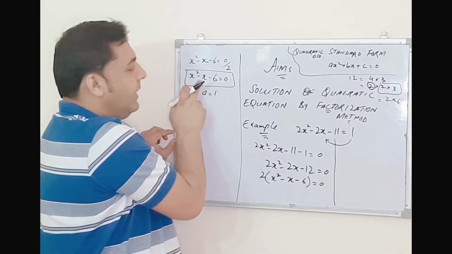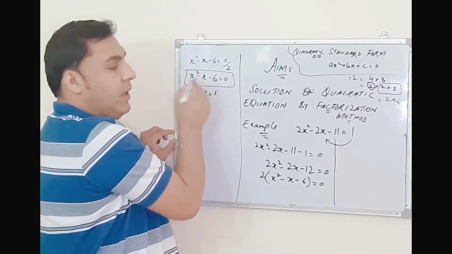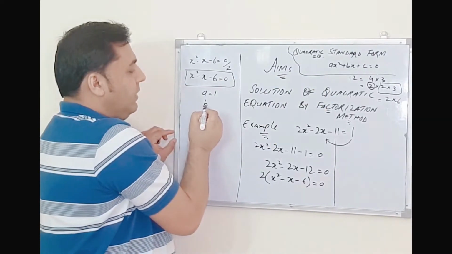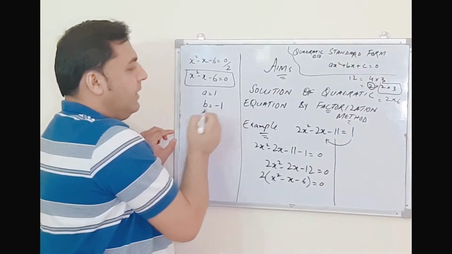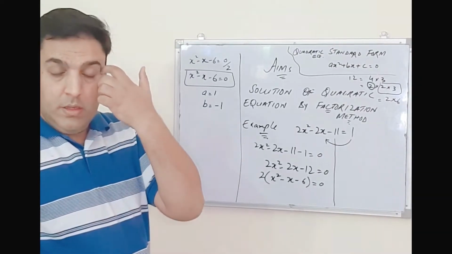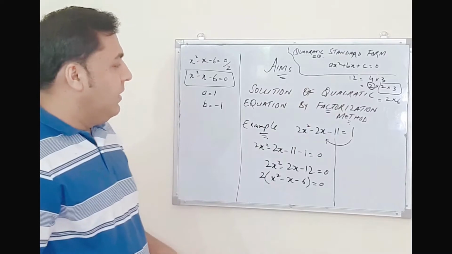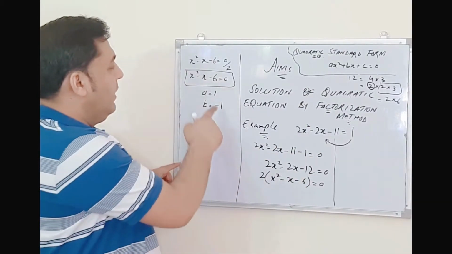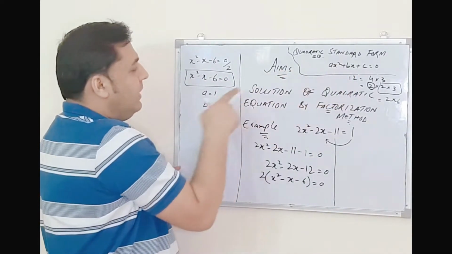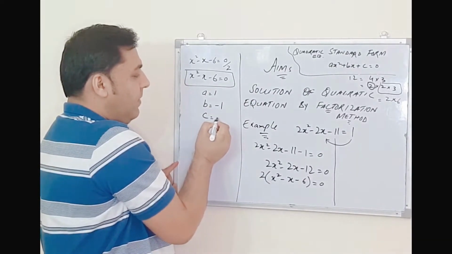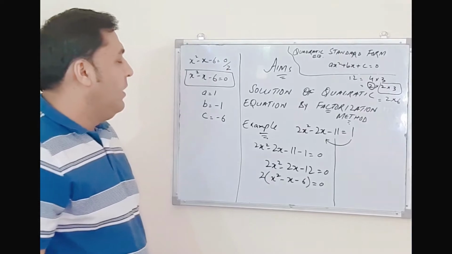Here the coefficient of x is minus 1, with x it is 1. So b is equal to minus 1. And what is c? The constant term is c. Here the constant is minus 6. So c will become minus 6.